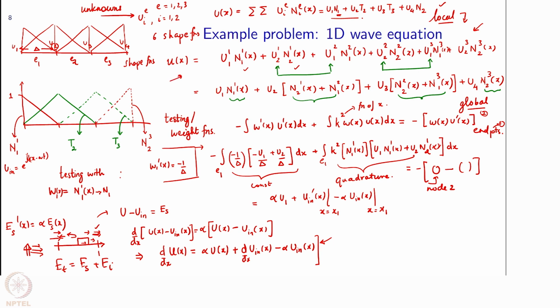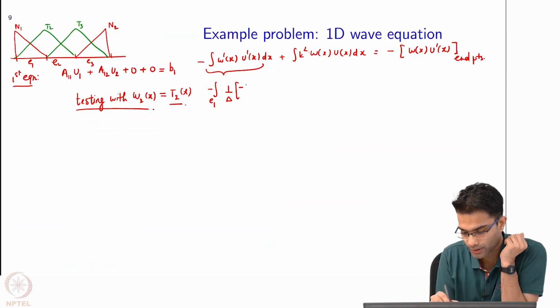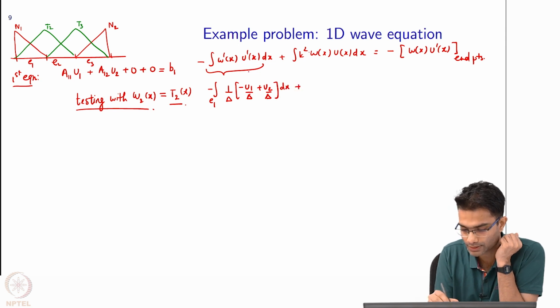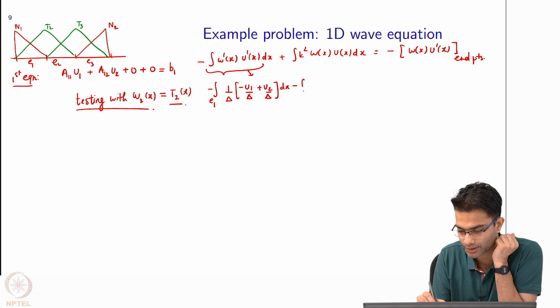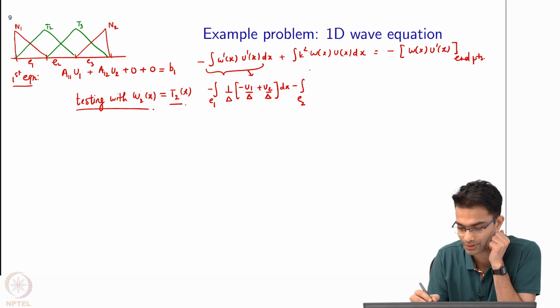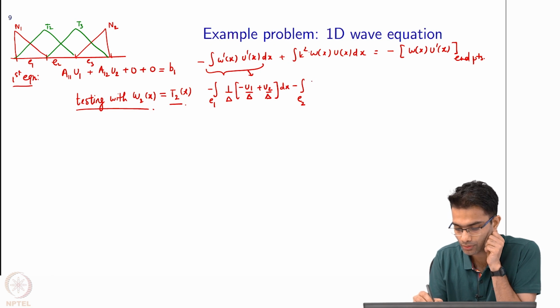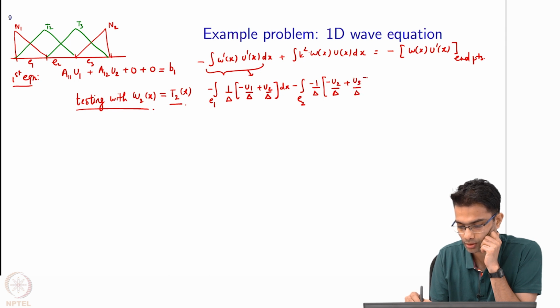This is your expression for U. U1 will appear and same as before, right. So what will I have? Minus U1 by delta plus U2 by delta. This is the first term, plus, sorry, minus, because the integration is continued over the second segment. I am only writing the first term of the integral. What is the derivative now? Minus 1 by delta, that is W prime. Okay. What appears now? Minus U2 by delta plus U3 by delta dx.